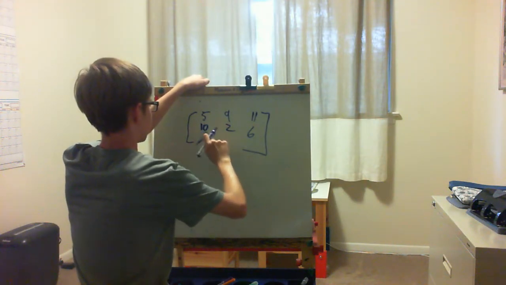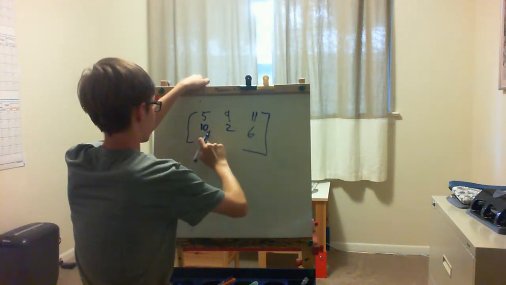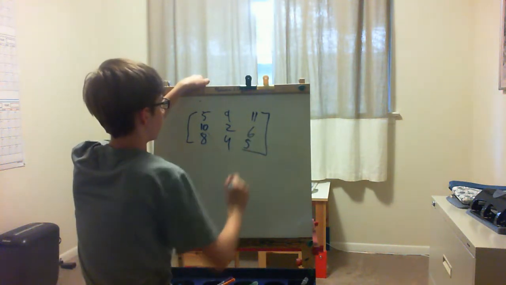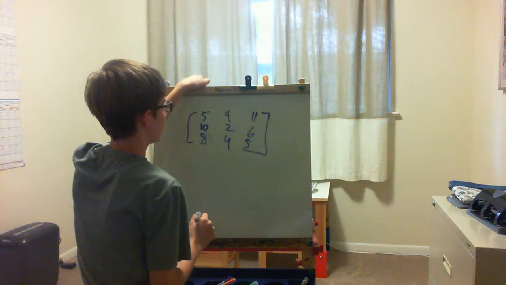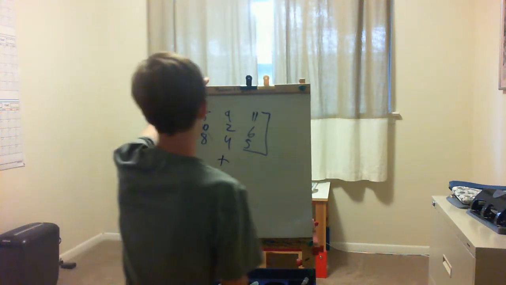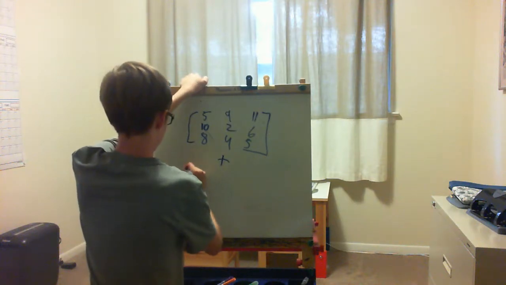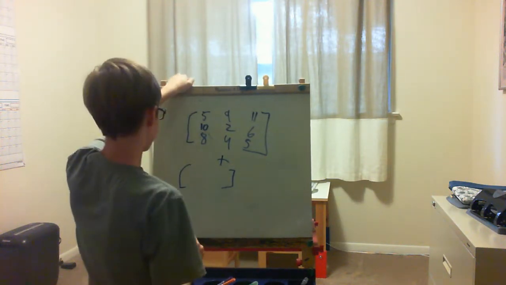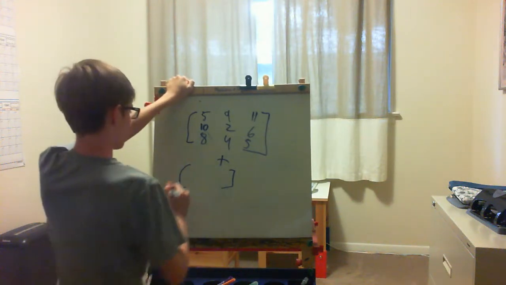So let's say that this is an 8, 4, 5. Okay, and then if we add this with another one, I need to write these smaller.